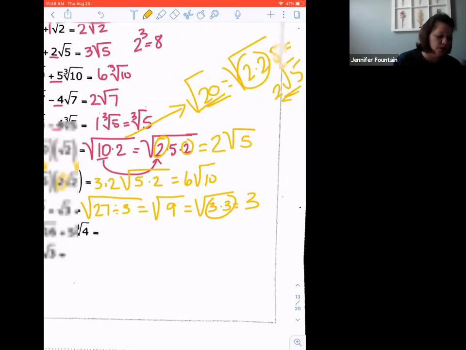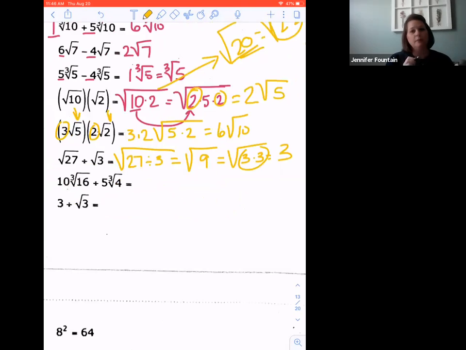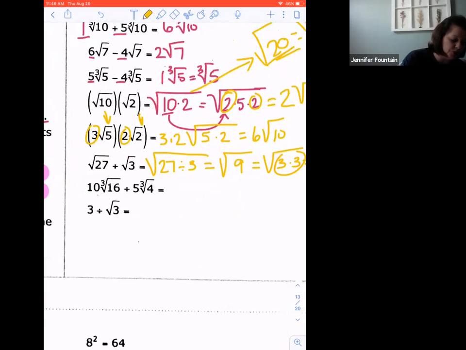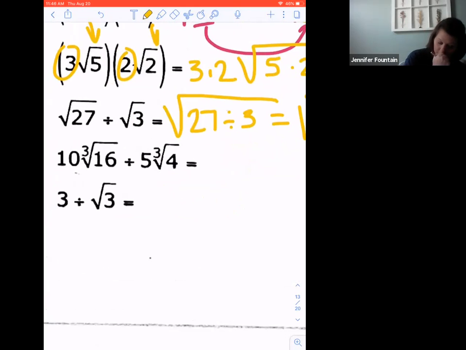Okay, so if I'm dividing, I put my division problem under the radical. 27 divided by 3 is 9. Simplify the square root of 9, and that's 3. Now, if I have numbers in front of my radicals and I'm dividing, I'm going to start with 10 divided by 5.